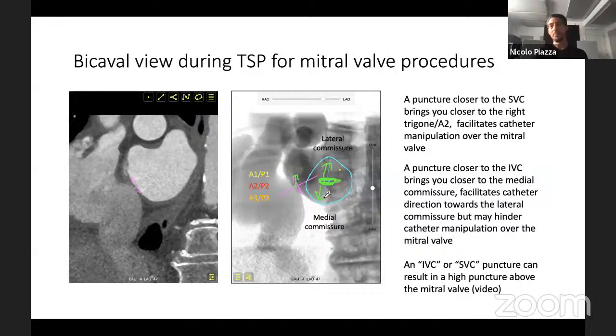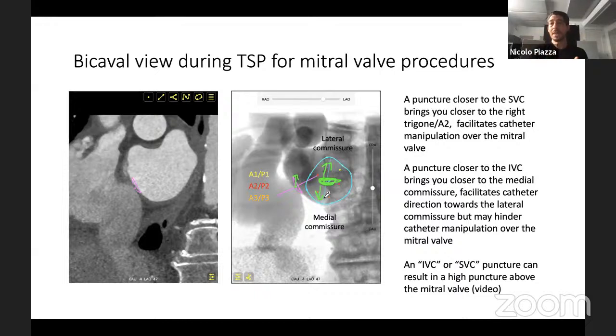Now, I'm going to share with you something later on to show you that, in fact, the relationship between the atrial septum, and this is some work we're doing right now, and the mitral valve, seen en face, or the atrial septum versus left atrial appendage, or any other target structure, is not always consistent from patient to patient.